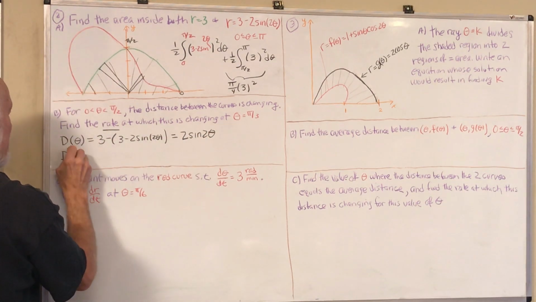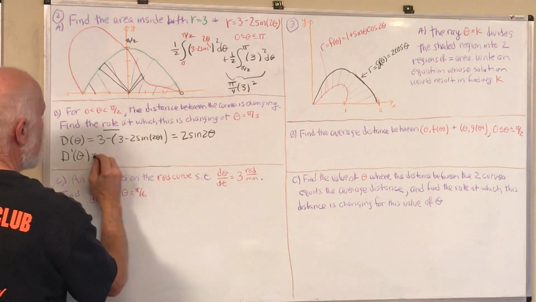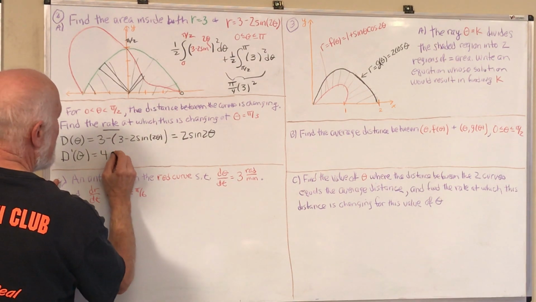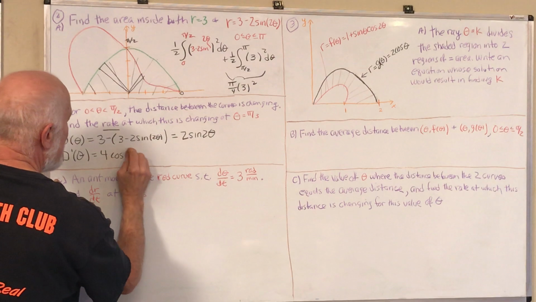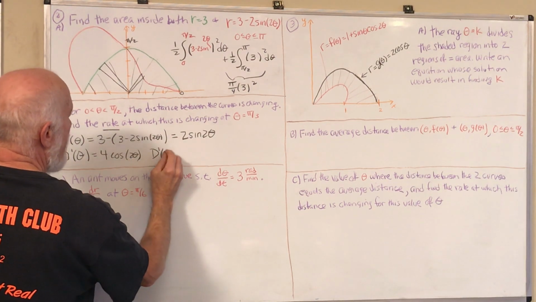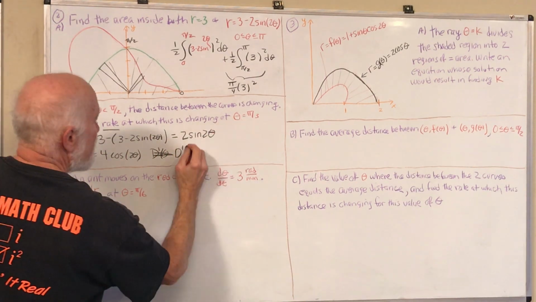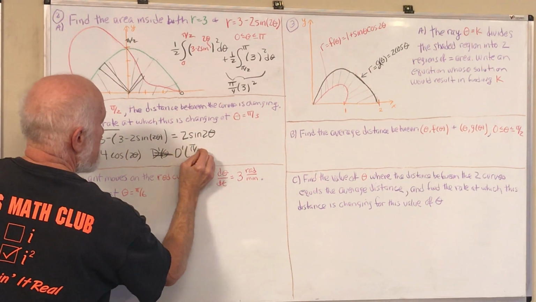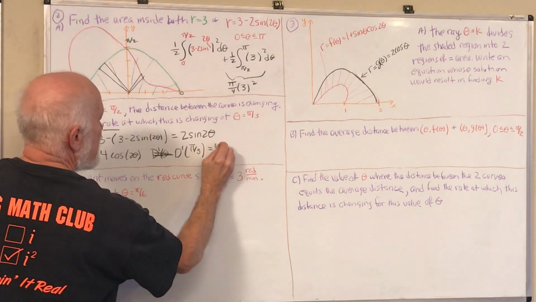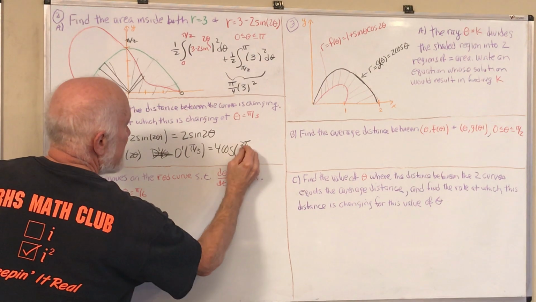So now I can take the derivative. It's 2 times 2, or 4 times the cosine of 2 theta. So if I want to find it at pi over 3, it's 4 times the cosine of 2 pi over 3.